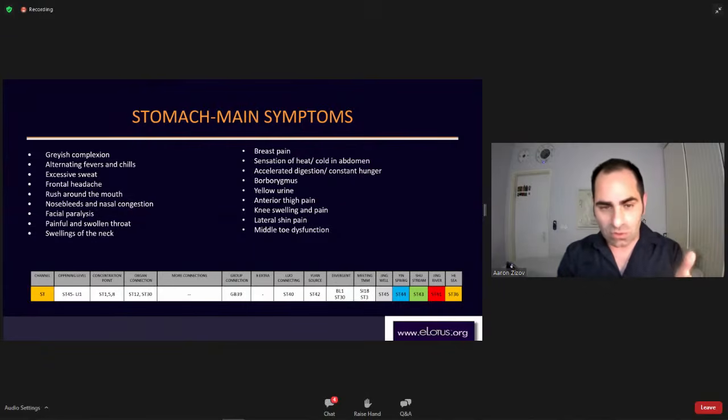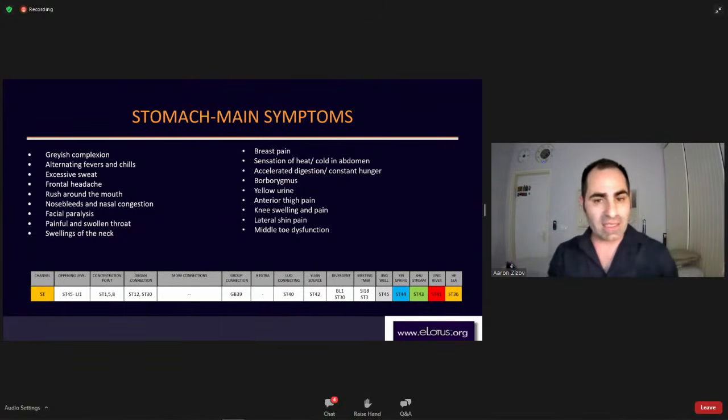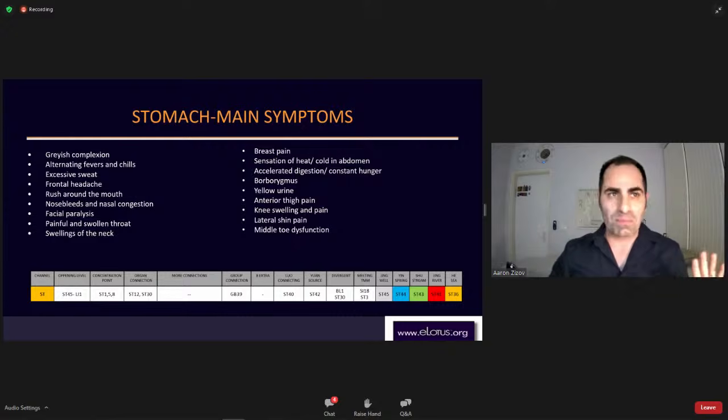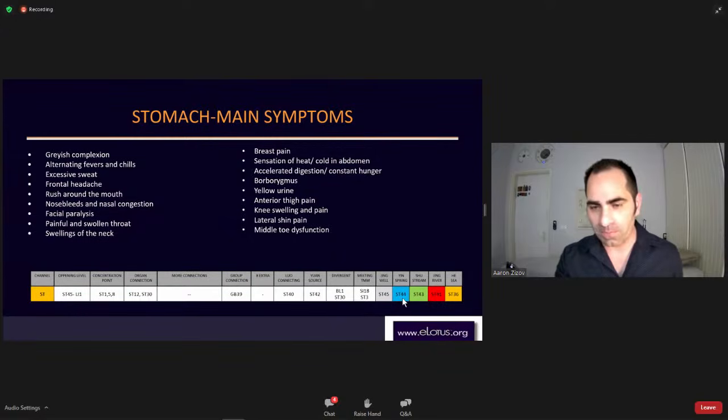So we can get into the organ, but with stomach 30, we get these two points which connect us to the organ itself. And then if I want to put some energy of water, I will use stomach 44, which is the water point. You have it all here, and later on you will see the whole table of this.